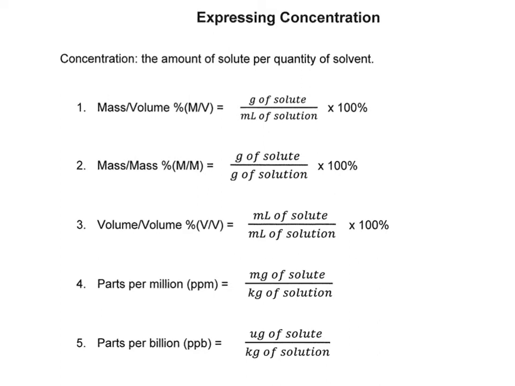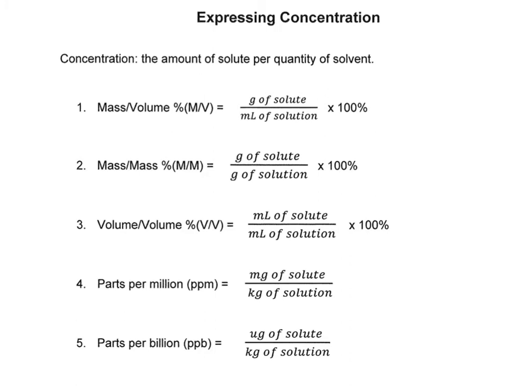To calculate an M to M percentage, the grams of the solute are divided by the grams of the solution times 100. An example would be stainless steel, which is composed of iron as the solvent and 18% M to M chromium and 8% M to M nickel.